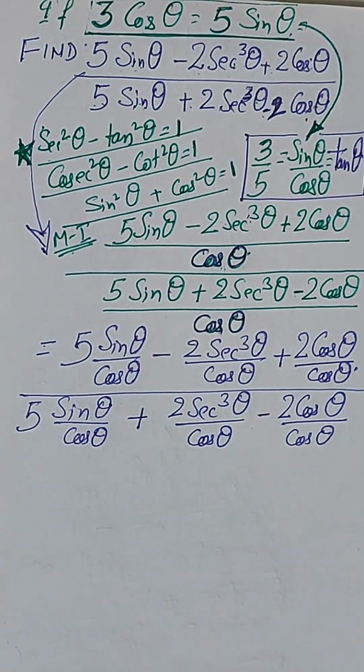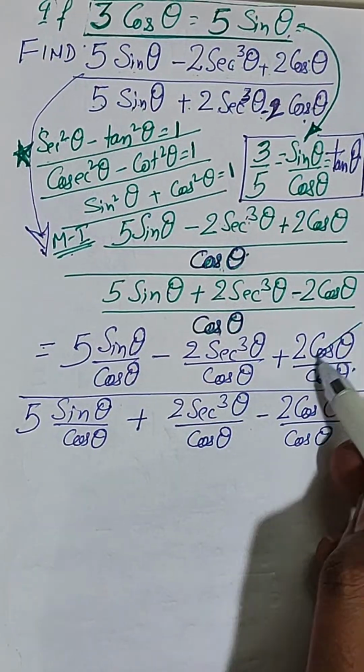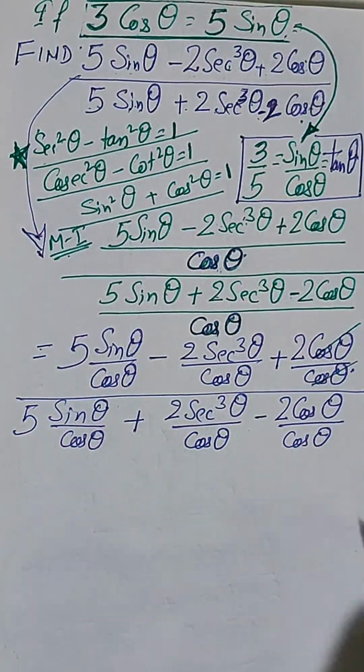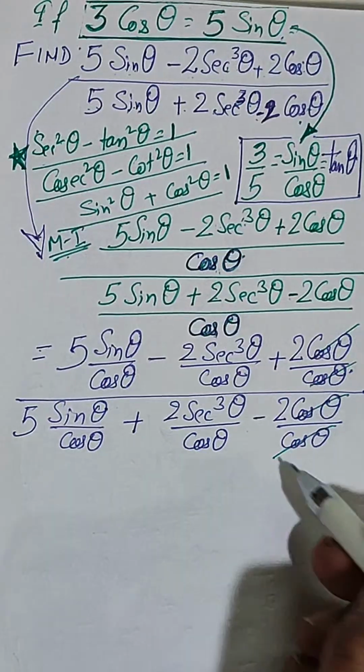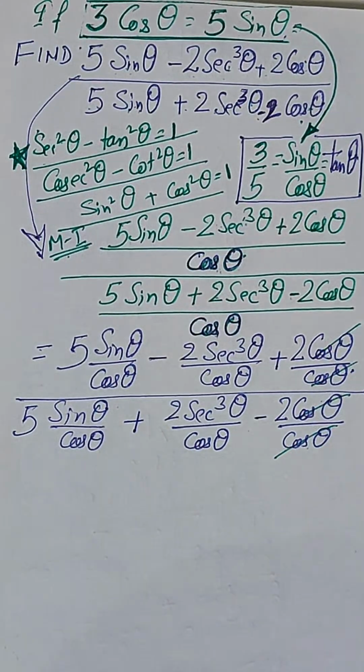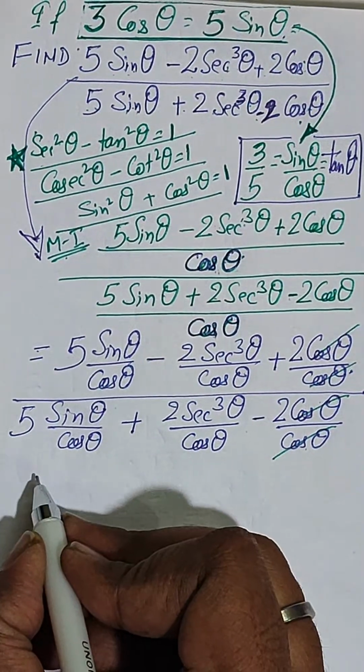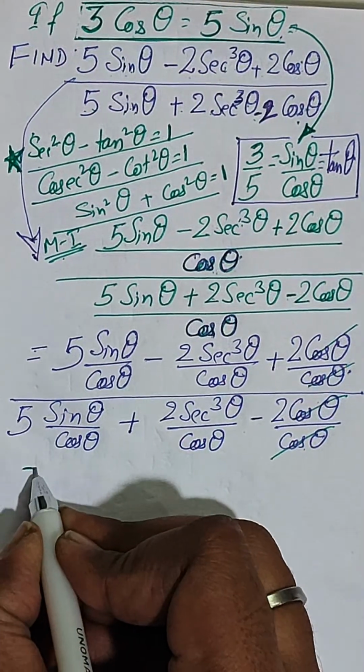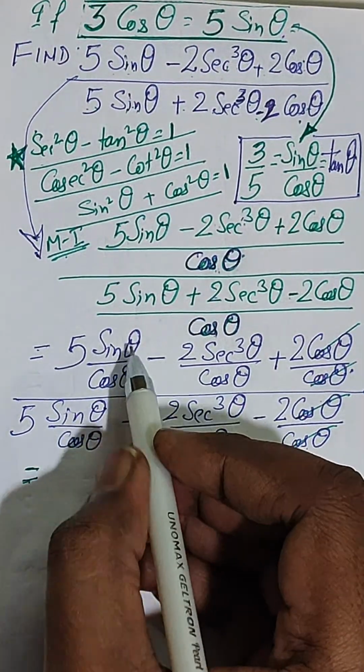So here you can see cos will be cancelled, and here also in the denominator the term having cos by cos will be cancelled. Changing the pen so that you can easily distinguish, sine by cos is tan, right?